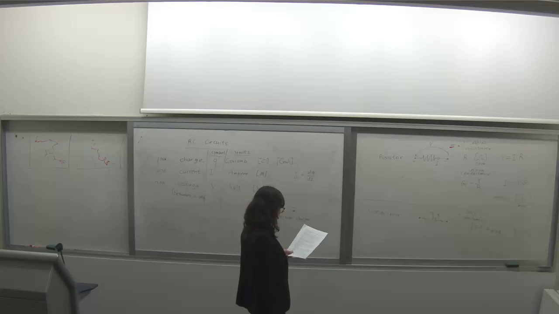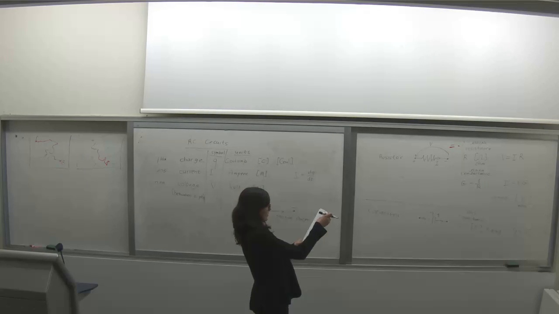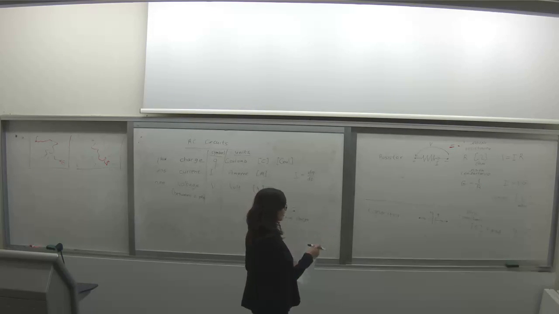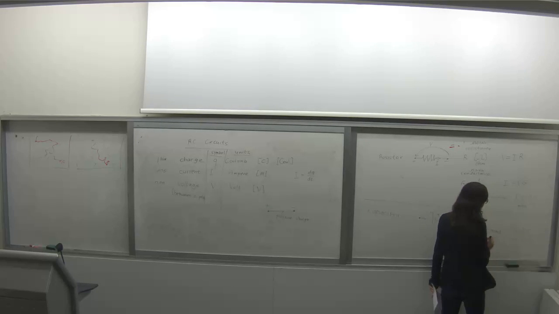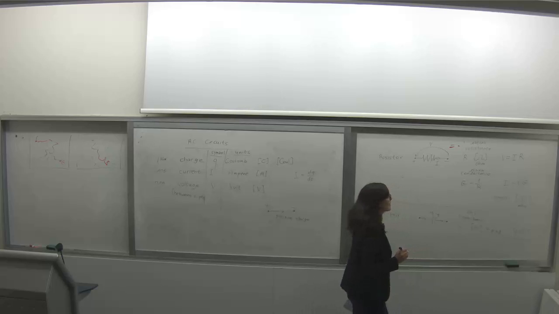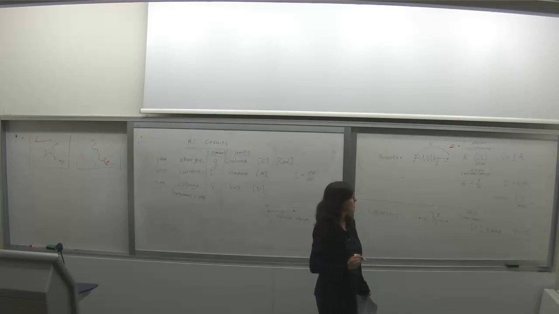And from this formula I can derive another formula, which will be the most useful for us: the relationship between I and V, the VI relationship.